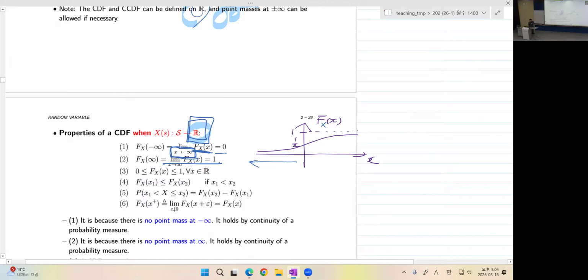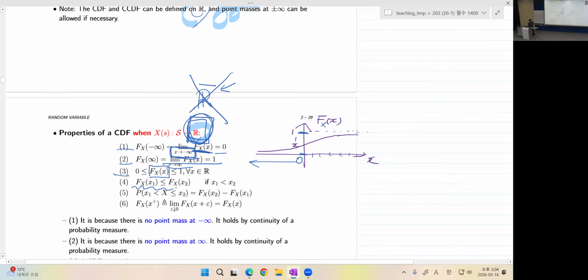Reversely, if you evaluate at bigger and bigger x, then its value becomes closer and closer to 1. That is for the real line R, not R bar, which includes plus minus infinity, okay? And also, the CDF is defined as a probability, so its height can never go above 1, never below 0. Got it?